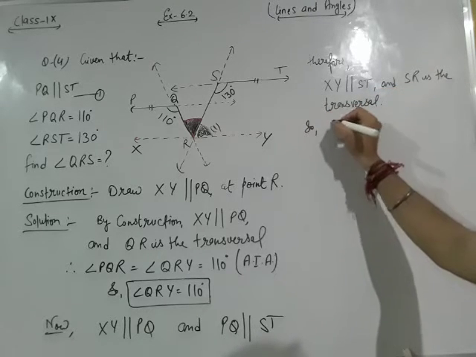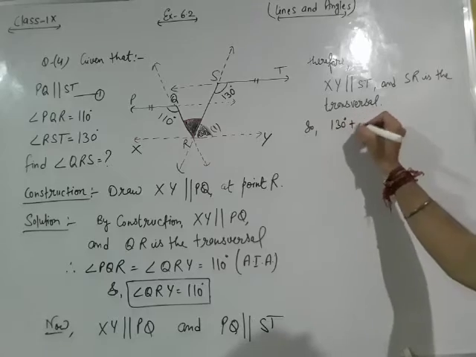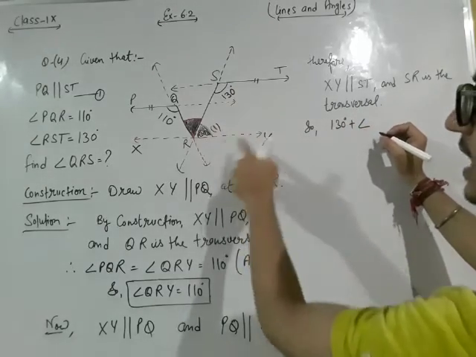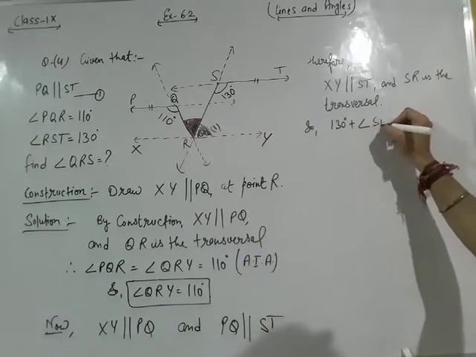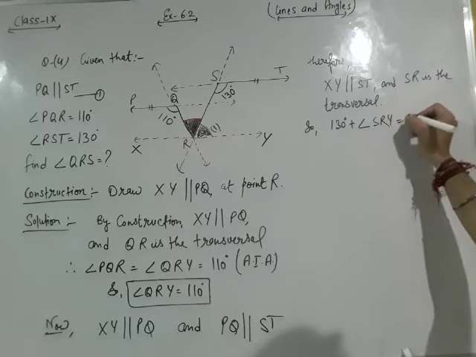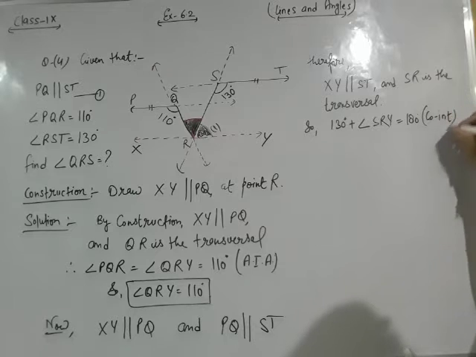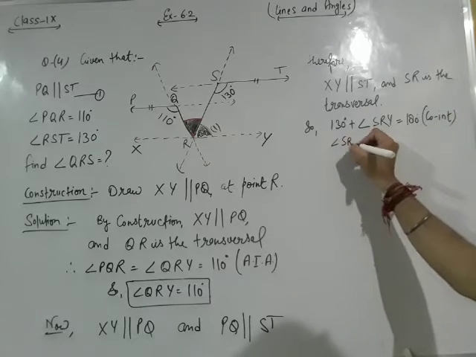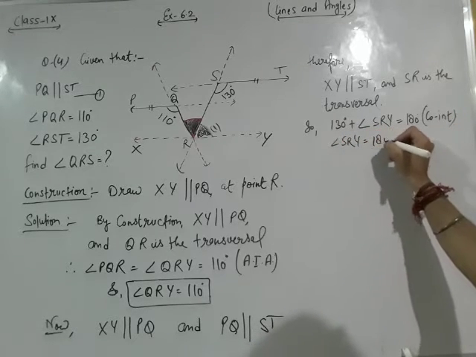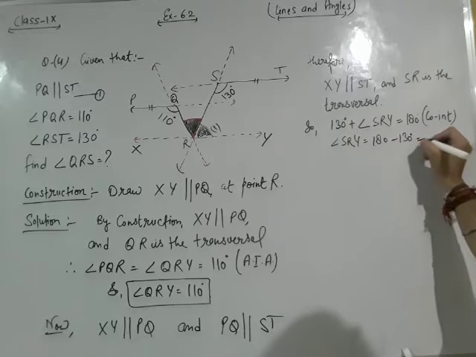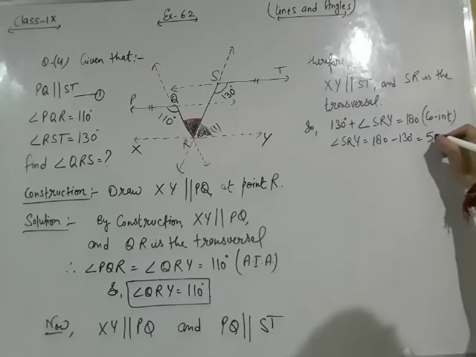So, 130 degrees plus angle SRY will be equal to 180 degrees. The reason is co-interior angles. So angle SRY will be equal to 180 minus 130 degrees, which is 50 degrees.